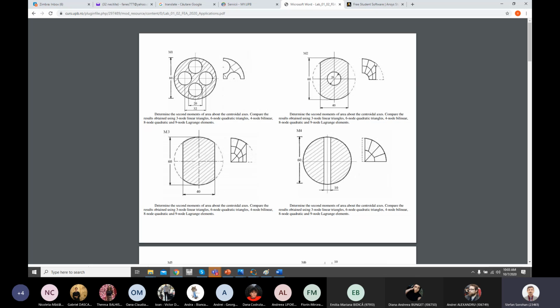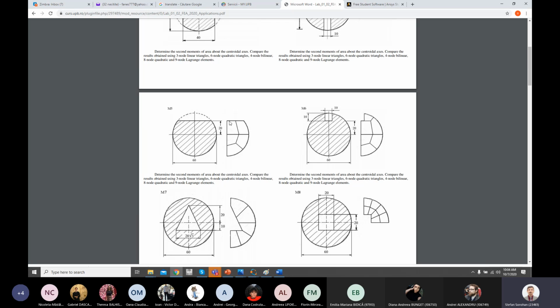For triangles, you must split this one also in two, and here it is better to take more of a rectangle, because when you use a straight line, you will introduce some errors. Again, 1/4, 1/4. Here is just half, because we have just one axis of symmetry. You split this one into triangles, or you may imagine your personal mesh.